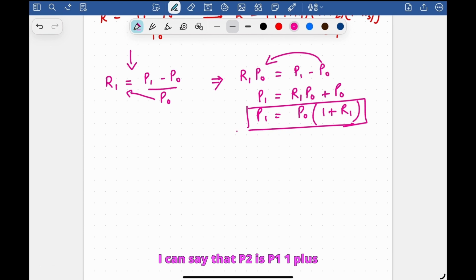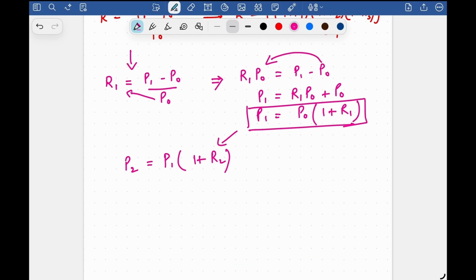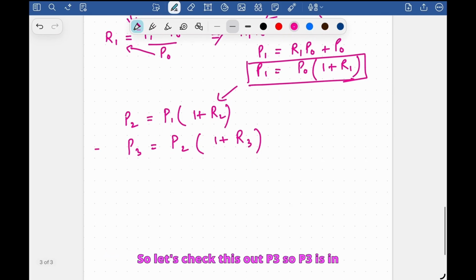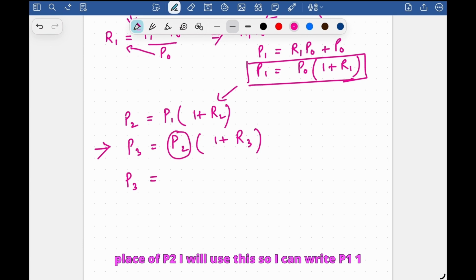Now, similarly, using this, I can say that P2 is P1 times (1 plus R2). Can I write like this? Similarly, I can say that P3 is P2 times (1 plus R3). So let's check this out. P3 is, in place of P2, I'll use this.